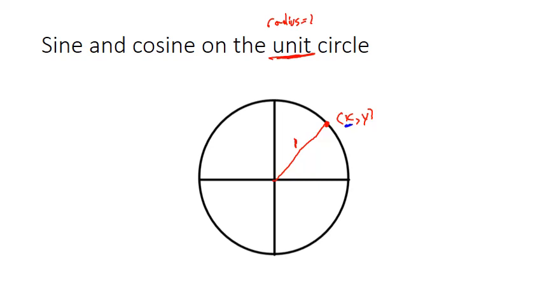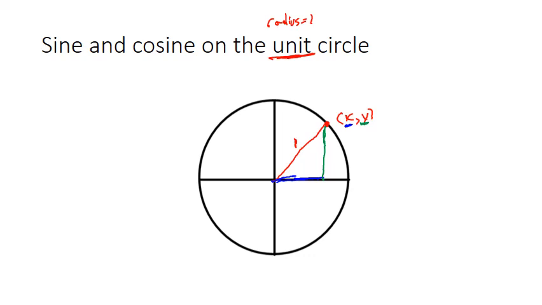So think about how we would get to this point x, y. So the x value tells us that we'd start at the origin and we go x amount of spaces along the x-axis. The y value tells us that we would have to go y amount of values, or the value of y spaces along the y-axis, or up in this case.